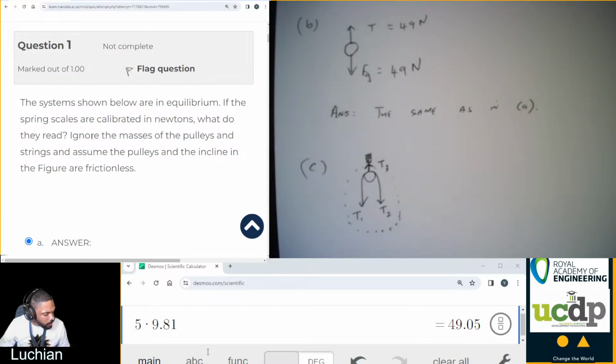So we isolate the pulley. Let's isolate the pulley.